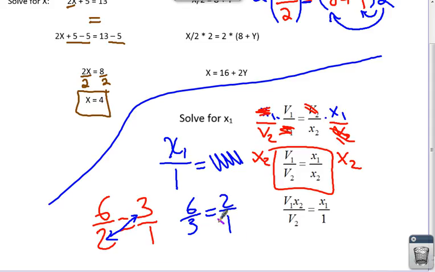There's lots of things. You can move across the equal sign, and you're still technically legal. So 6 times 1 over 3 is equal to 2. Just remember, if you're in the denominator, you're multiplying to the other side. If you're in the numerator, you're dividing to the other side.